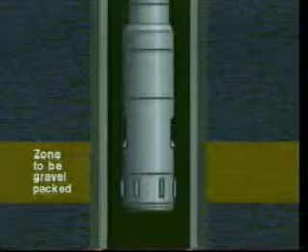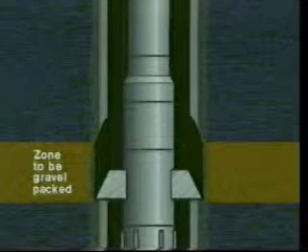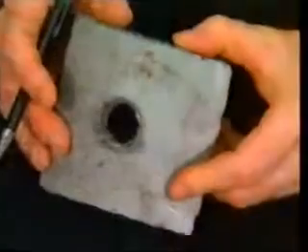When a zone behind casing is to be externally gravel packed, milling of the casing is necessary before the under-reaming can be done. The internal or cased hole gravel pack does not require any special drilling. It does require perforation of the subject zone with a high density of large diameter, deep penetrating holes.